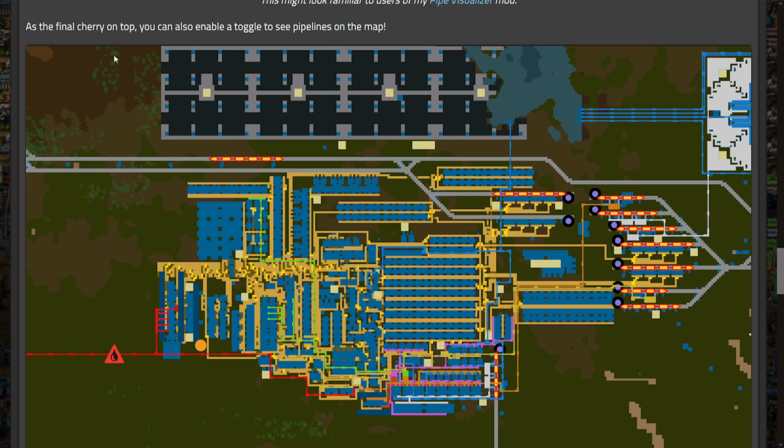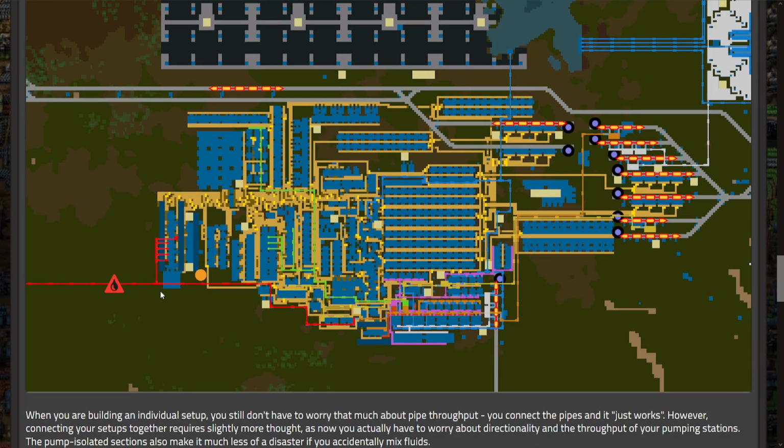And as a final cherry on top, you can also enable a toggle to see pipelines on the map. So yeah, you can see here the red. I don't know if this is just a broken thing, and whether that is heavy oil. Green might be lubricant, or I don't know what it would be.